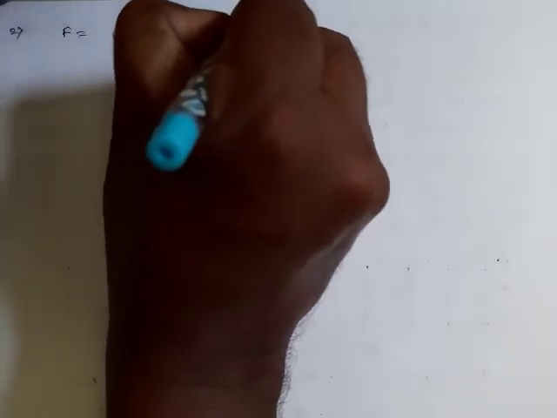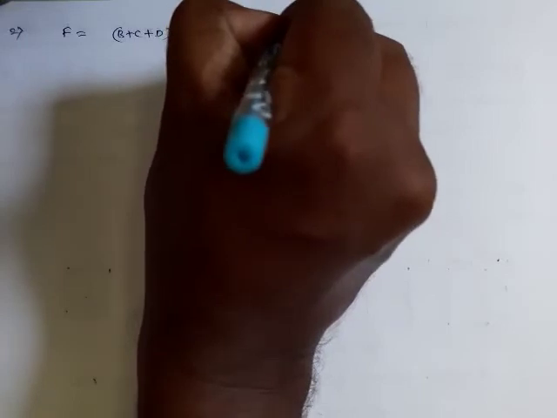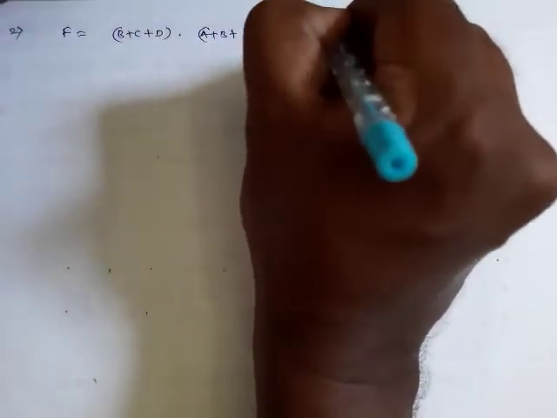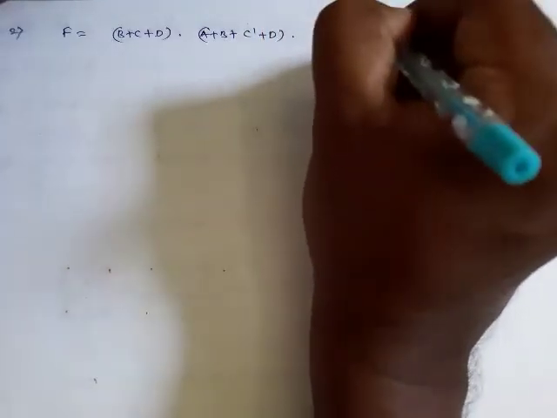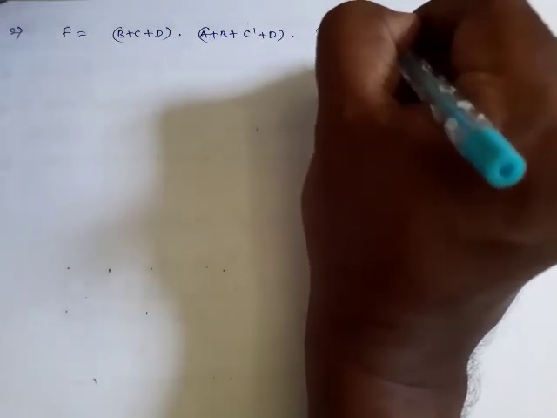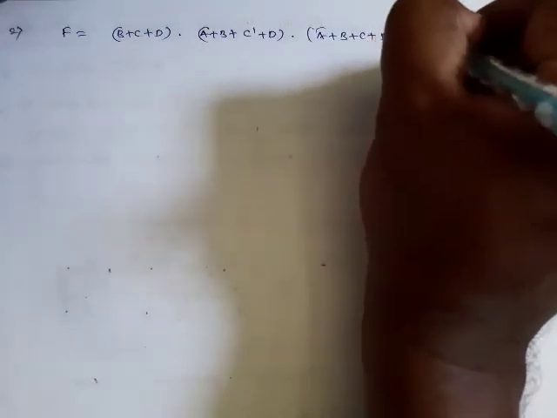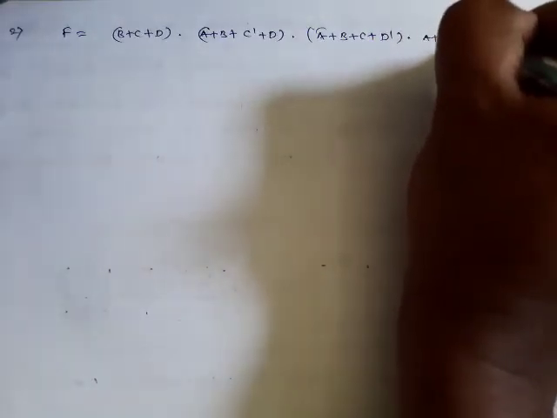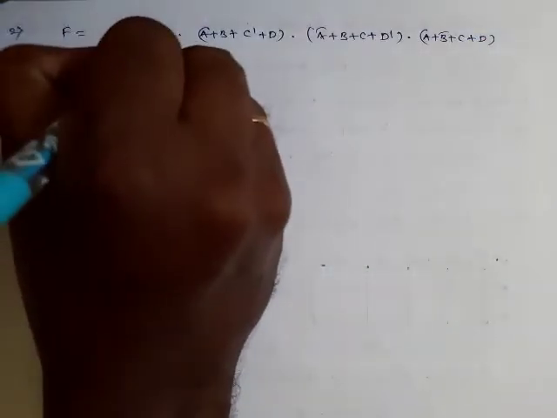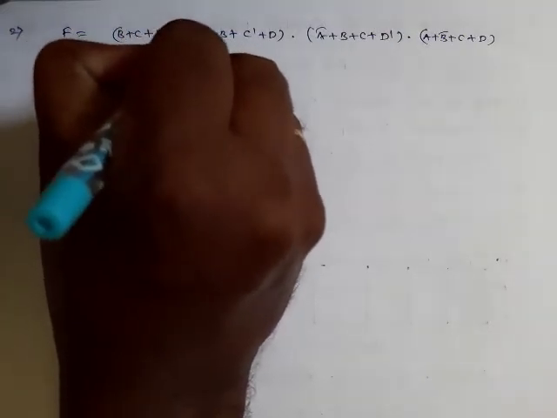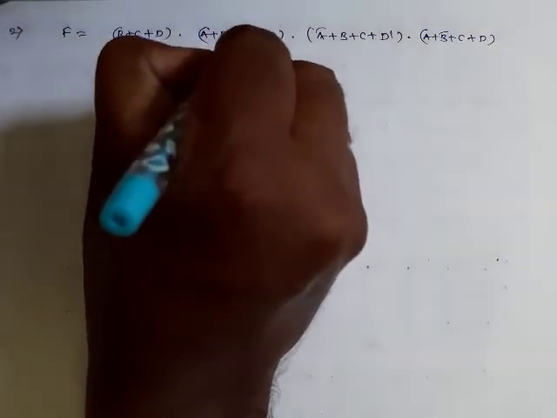Use kmap to simplify the function f expressed as the product of sums as b plus c plus d, multiplied by a plus b plus c bar plus d, and a bar plus b bar plus, a bar plus b plus c plus d bar, a plus b bar plus c plus d, and a bar plus b bar plus c plus d.